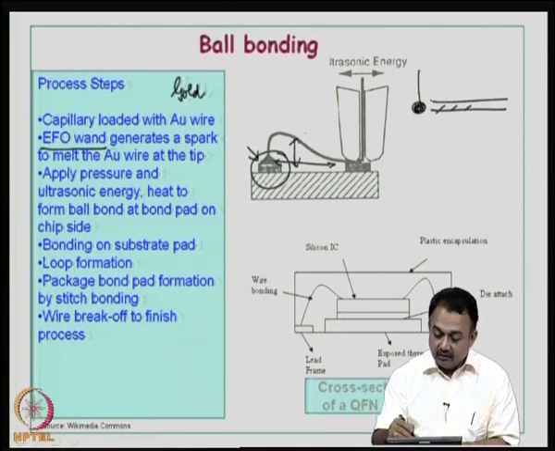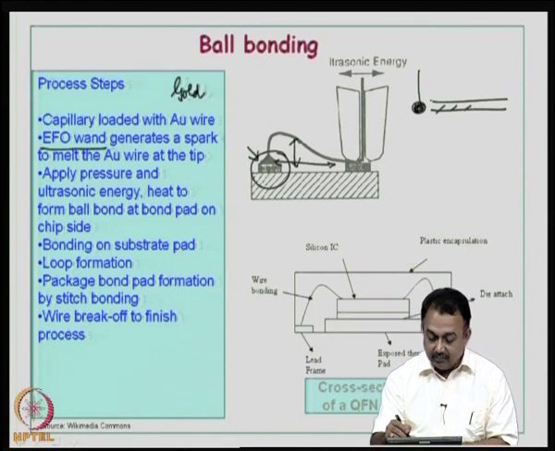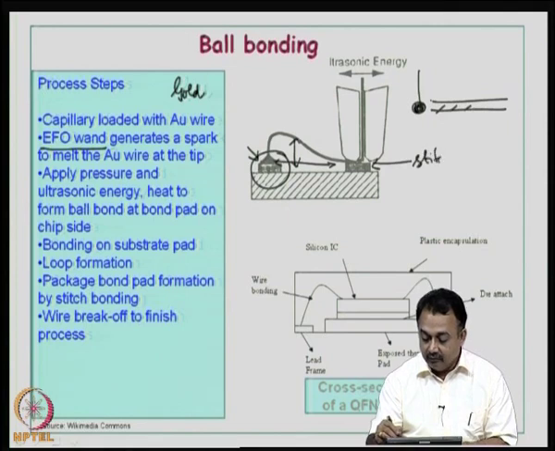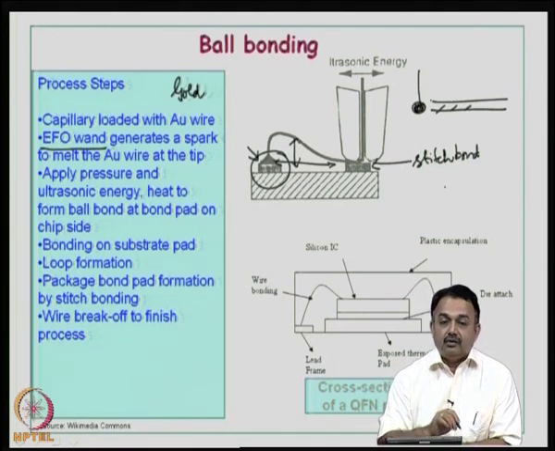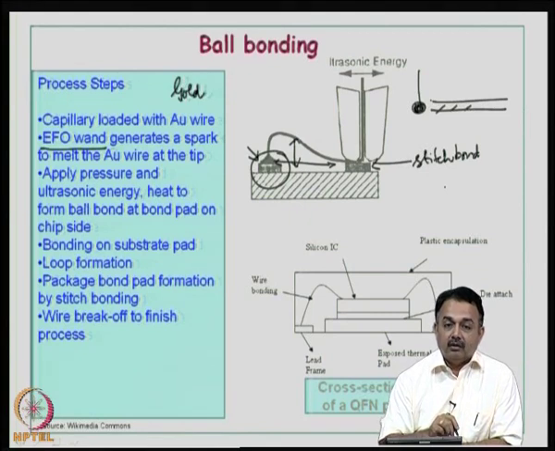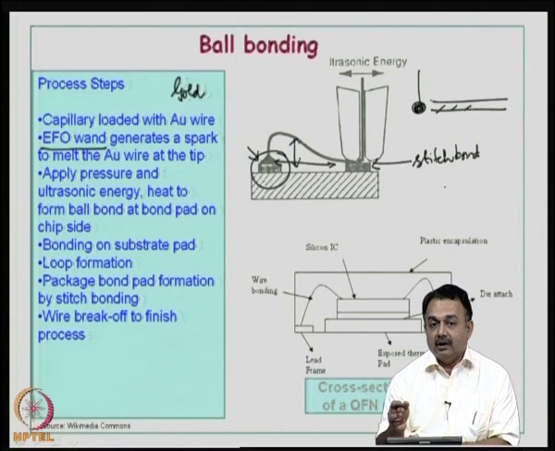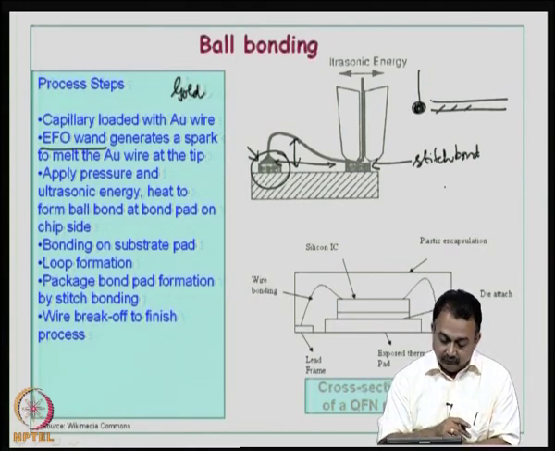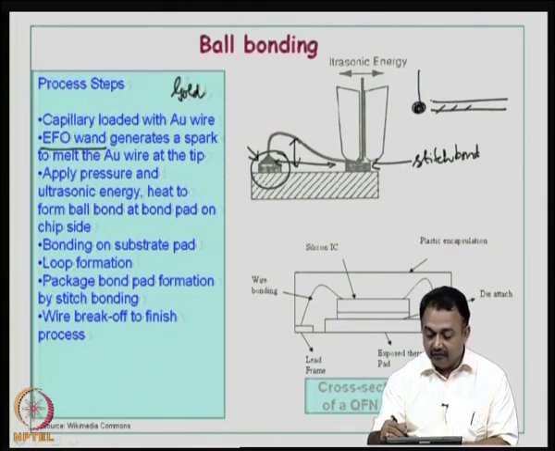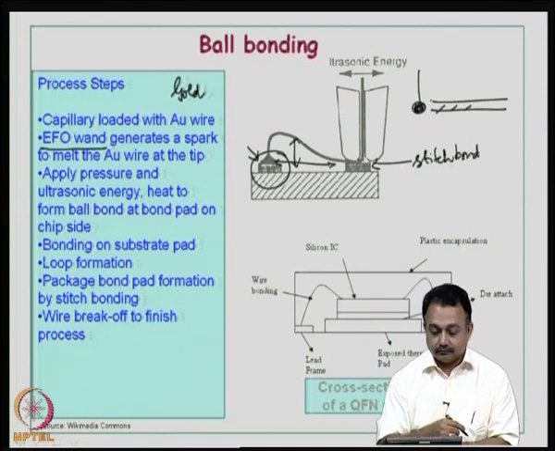Then after the loop is formed, the package bond pad formation is done here at this point and this is known as a stitch bond. This is not a ball bond, this is more like a stitch formation. So, that completes the two ends of the wire bonding. The first one is a ball bond and the end one is a stitch bond, and then here the wire is broken off to complete the process.